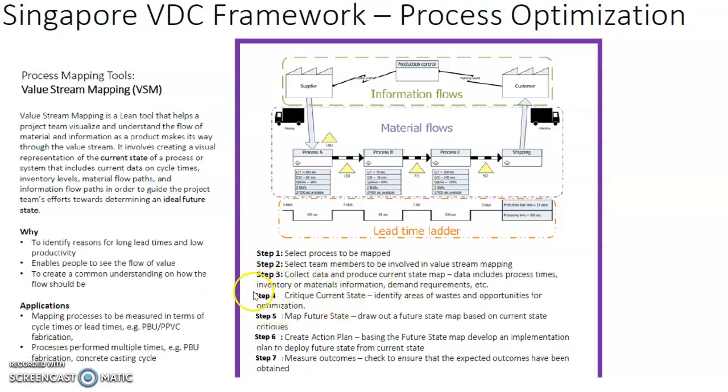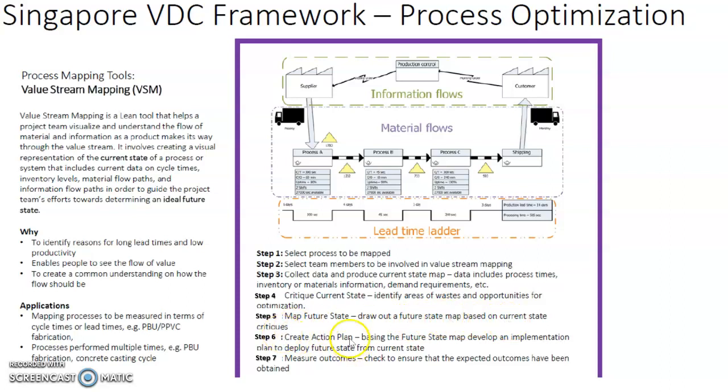Step 4, we will critique the current state, which is to identify areas of waste and opportunities for optimization from the various steps that we have initiated initially to obtain this value stream mapping of the process. And step 5, we will then draw out a future state map based on the current state critiques.